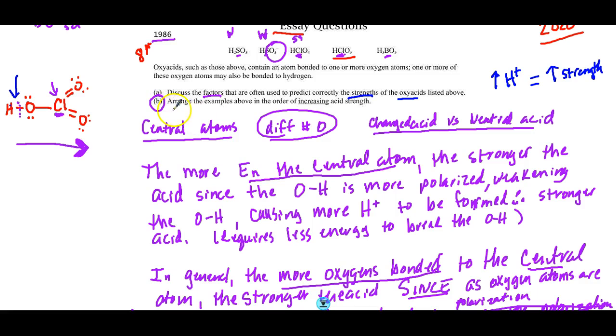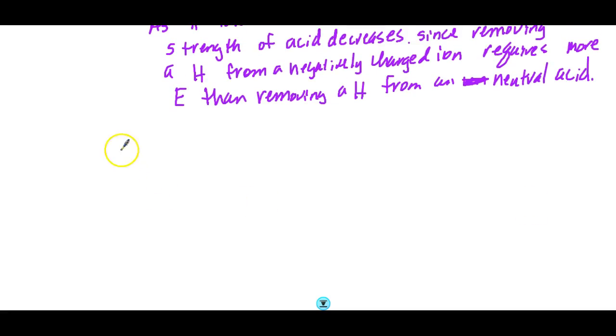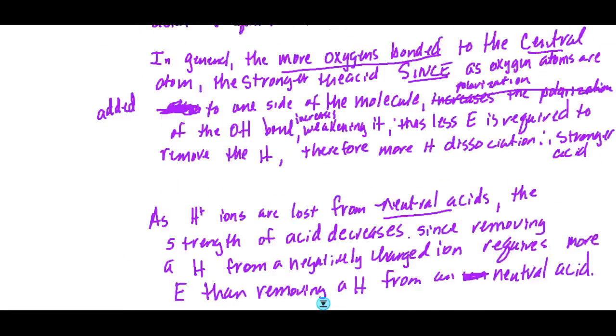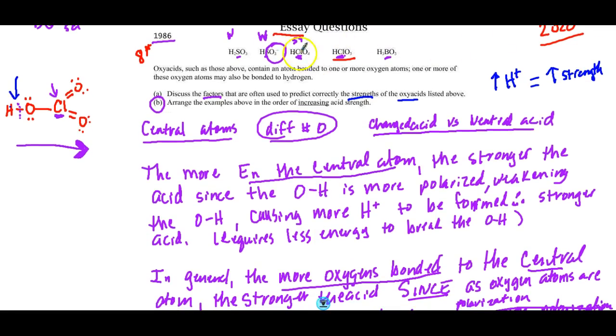So the second one says arrange the examples above in order of increasing acid strength. Okay, so B. You want to start weak, make yourself a timeline. Weak versus strong. They said increasing, right? Increasing, yes. Okay, so we can do this up here and then copy it down at the bottom.